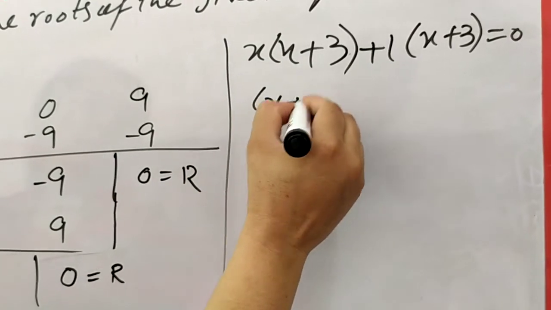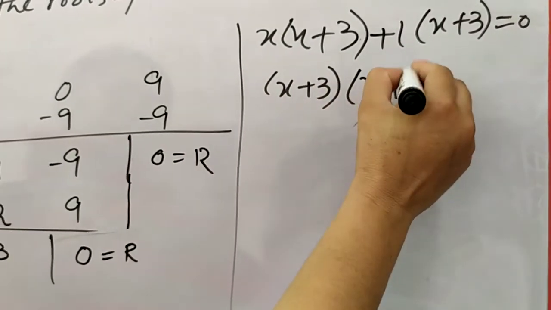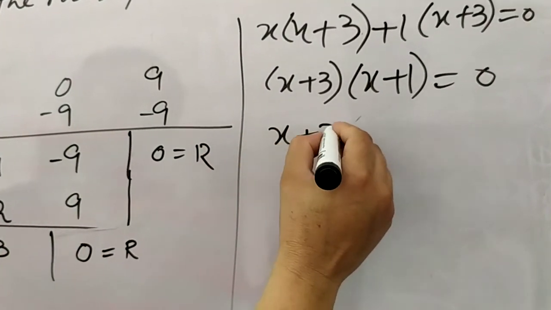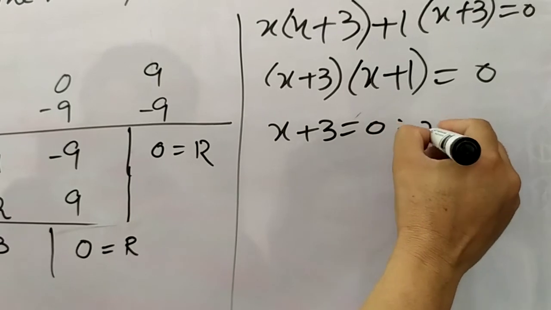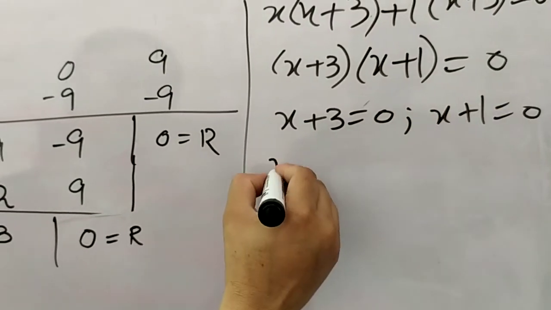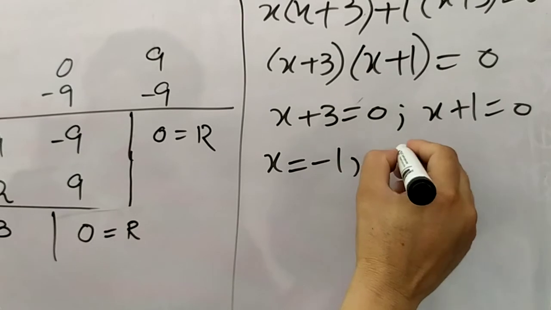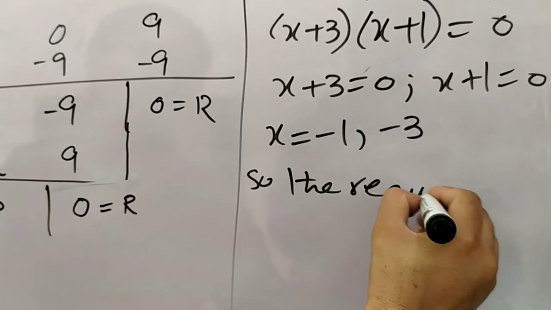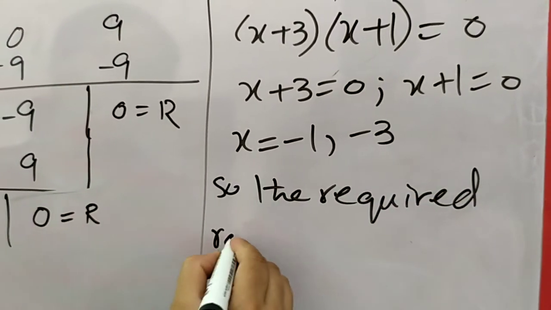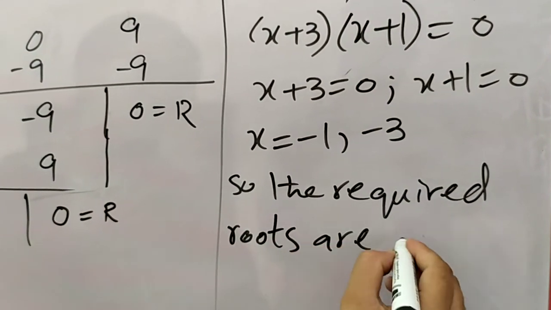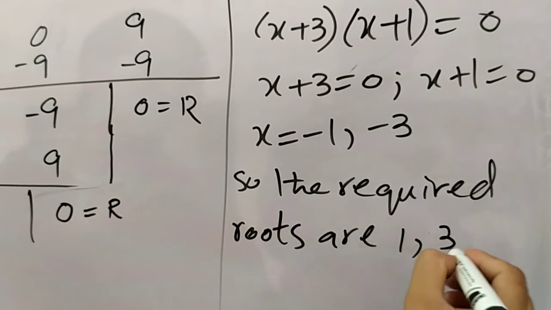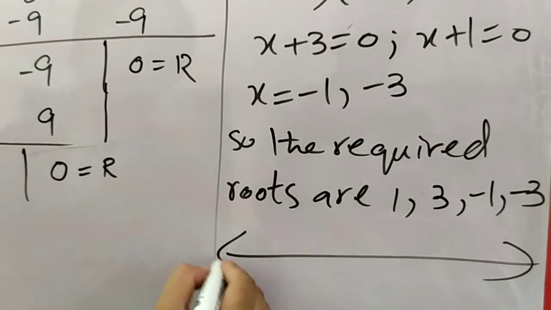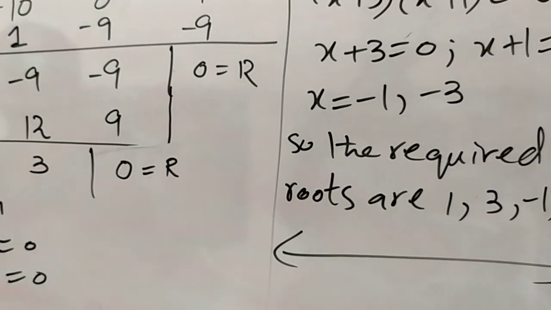Now x plus 3 is common, times x plus 1. So from here we can get the rest of the 2 roots, and these are negative 1 and negative 3. So the required roots are 1, 3, negative 1 and negative 3. So this is the solution of the first part of question number 5. Thank you.